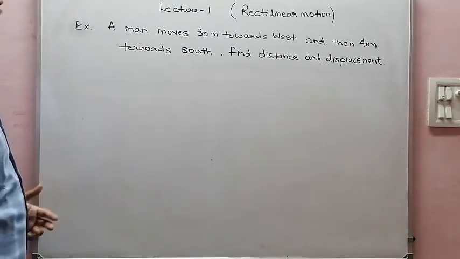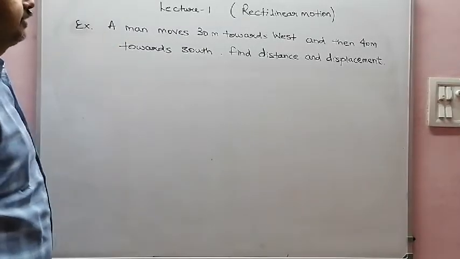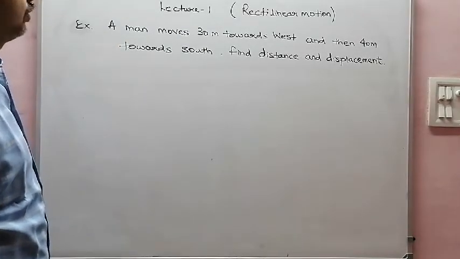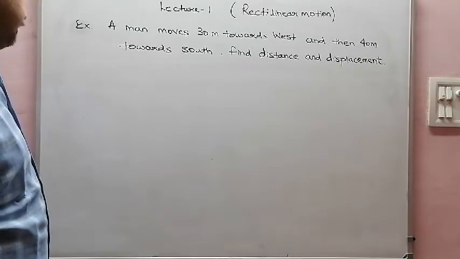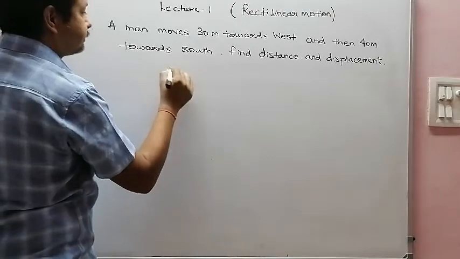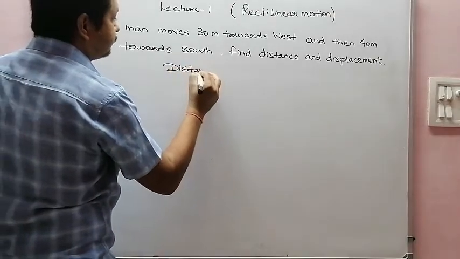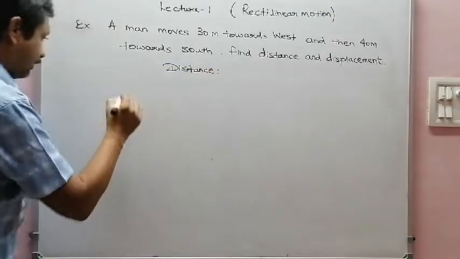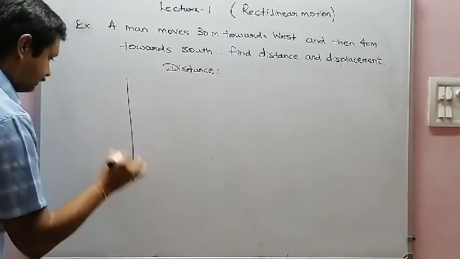Let's take another example. A man moves 30 meter towards west and then 40 meter towards south. Find distance and displacement. Distance is the length of the path, so we draw it.